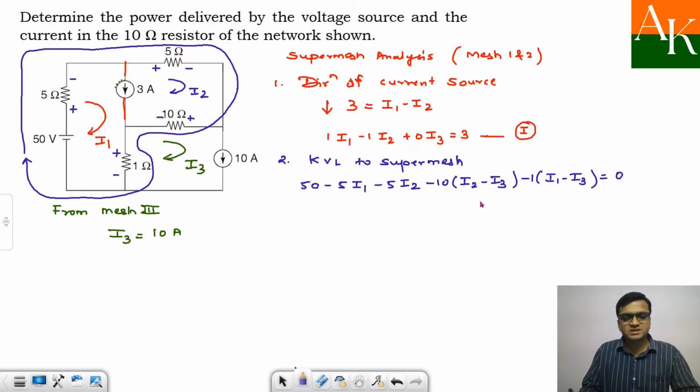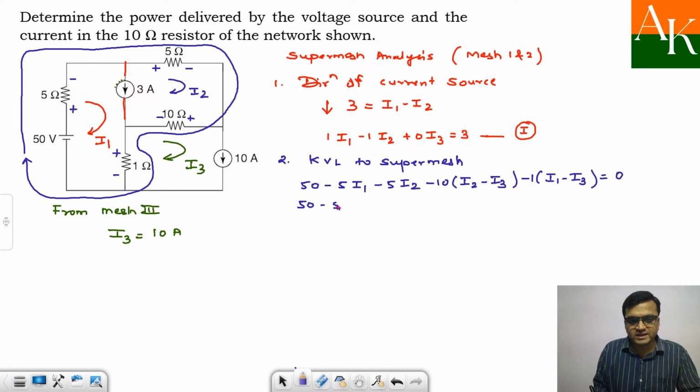Whenever you have a shared resistance, be careful about these terms. Students generally write minus 10 times I2 minus 1 times I1. No, it is not like that. Whenever you have a shared resistance, you have to take the net current flowing in the direction of the KVL. So 50 minus 5I1 minus 5I2 minus 10I2 plus 10I3 minus 1I1 plus 1I3 is equal to 0.